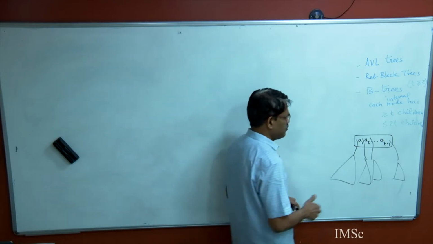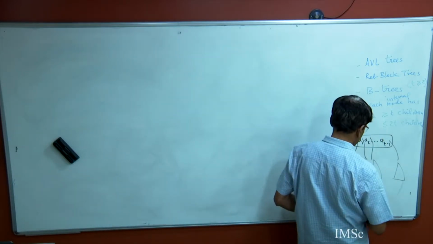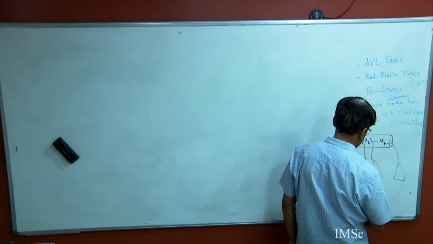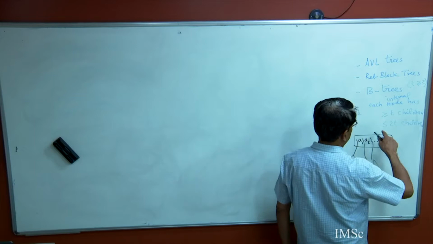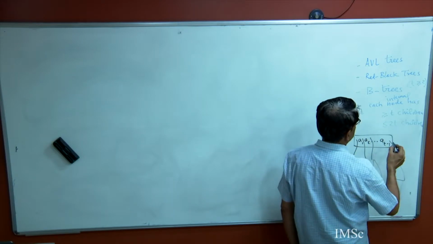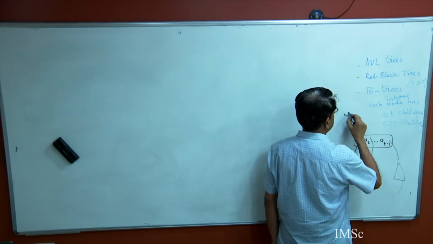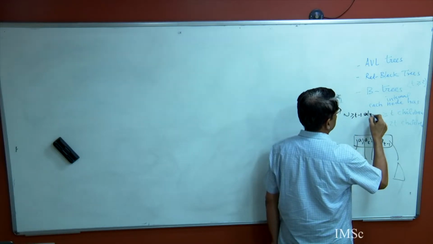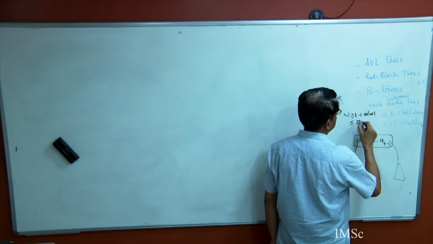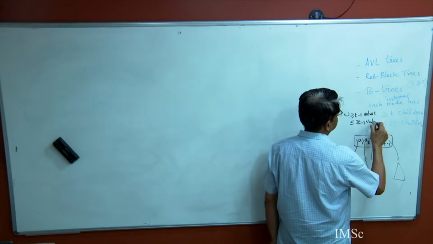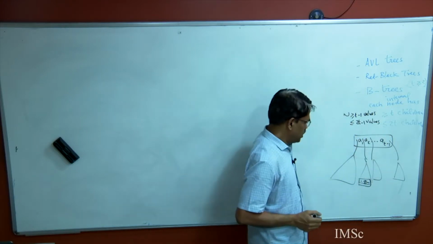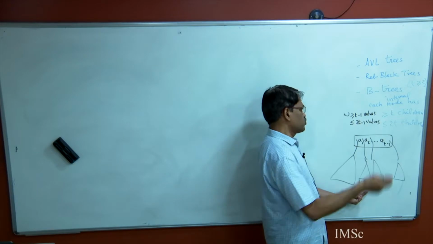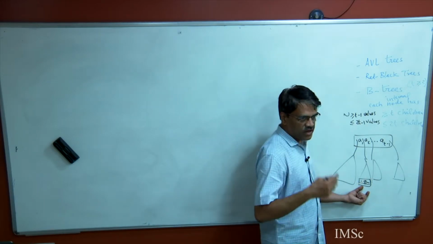Now insertion, we always insert at a leaf. So I will come to a leaf and insert my new value here, as long as the node has at least t minus 1 values and at most 2t minus 1 values. If you have at most 2t minus 1 even after adding this value, you are done.